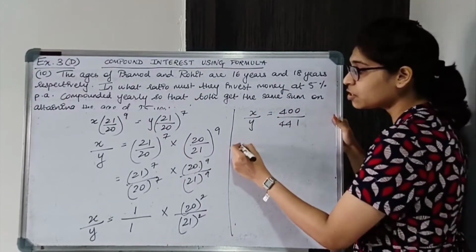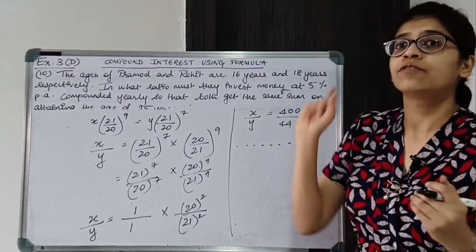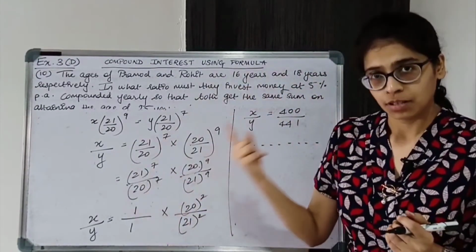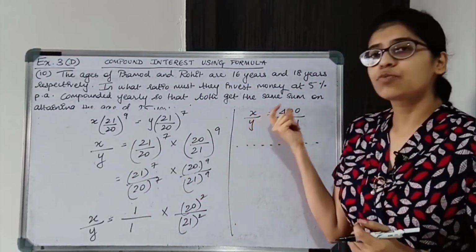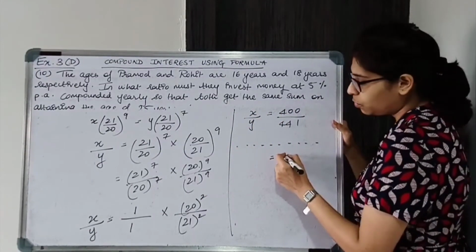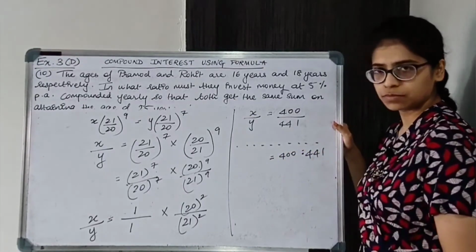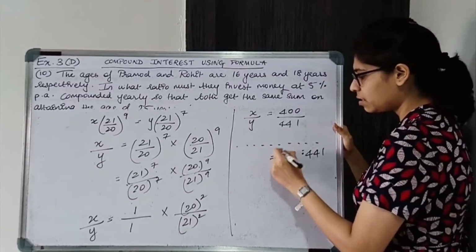So just write down the ratio in which Pramod and Rohit, first you will write Pramod and then Rohit. Okay, so the ratio in which Pramod and Rohit invest their sum of money is equal to 400 is to 441. Okay, so box the answer.